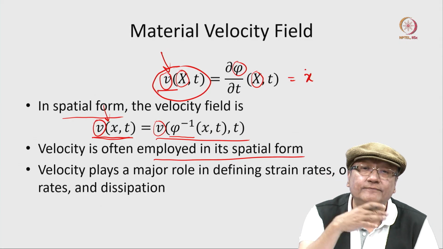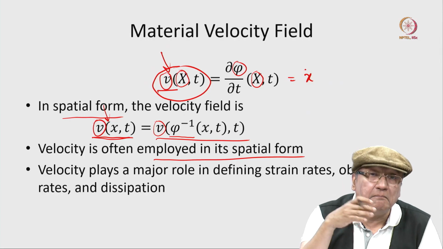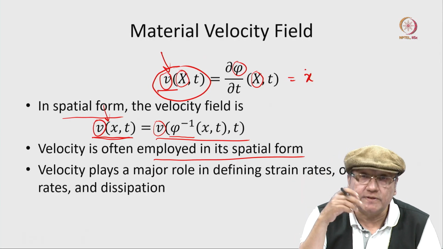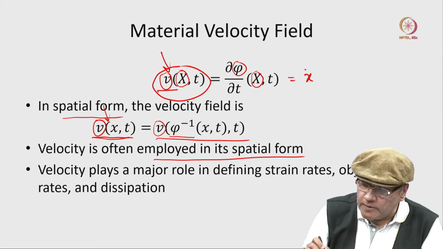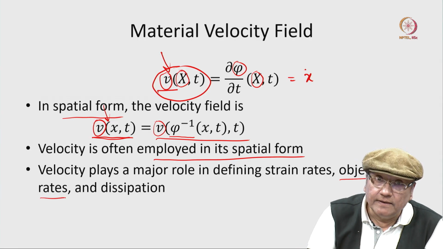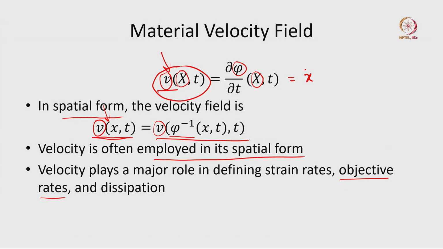We talk of plastic flow, because material undergoes deformation much more easily under loading than is possible under the elastic regime. Velocity also plays a very important role in the objective rates, which we have not discussed, that is the frame invariance or frame indifference aspects, and in describing the dissipation as well. We will come to these issues slowly, but for now let us understand the importance of velocity before we discuss them.